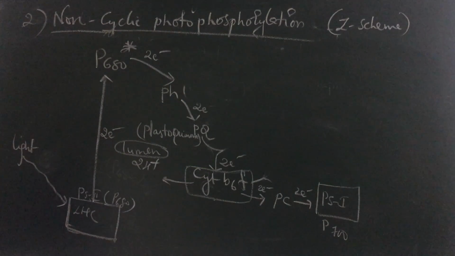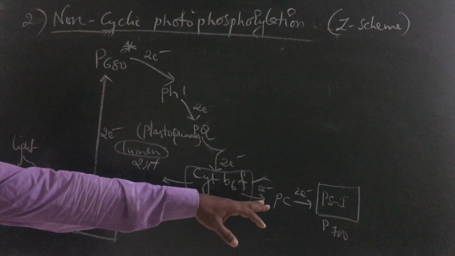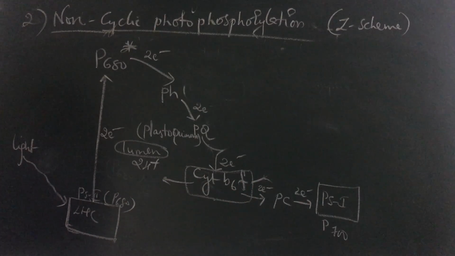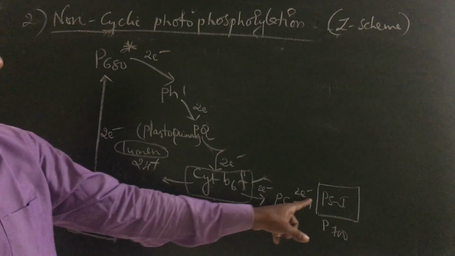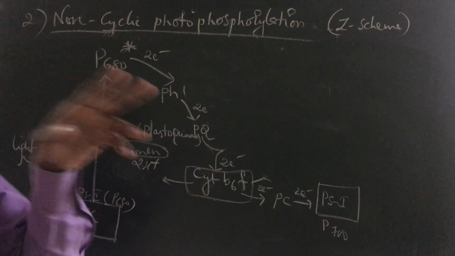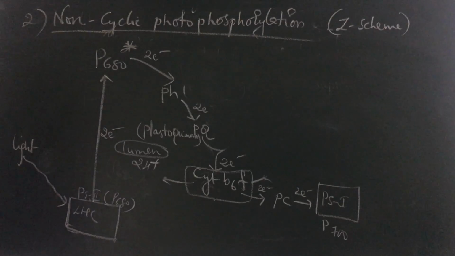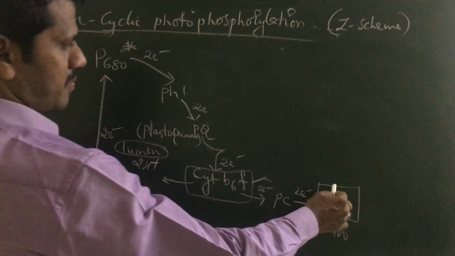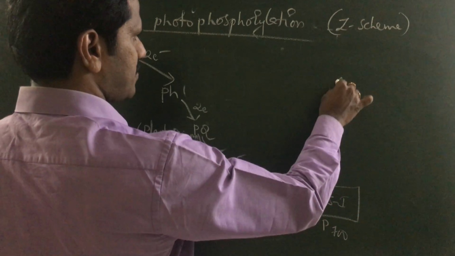So the electrons from photosystem 2 are moving to photosystem 1. Okay. Now, once the electrons are accepted here, it gets excited.